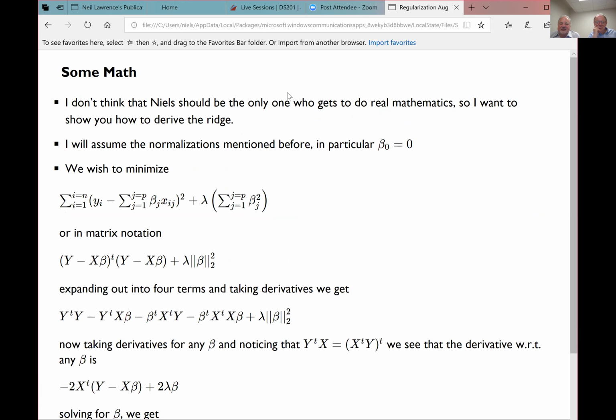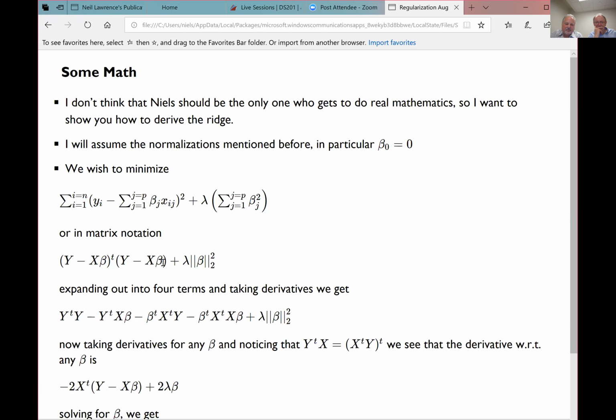I'm going to show you a closed form of the ridge solution, the ridge equation. So we wish to minimize this thing. If I write this in matrix terms, this is a dot product because of the squares: y minus x beta transpose times y minus x beta.